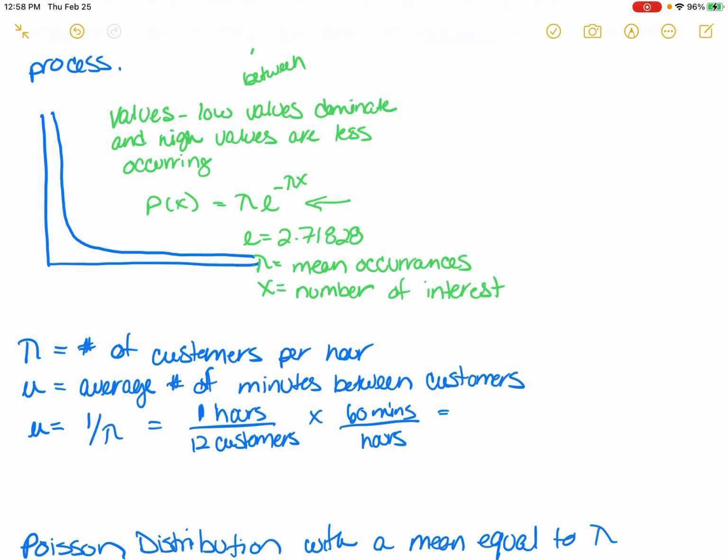And if we multiply that times 60 minutes per hour, right, then that is going to give us 5 customers per minute. I'm sorry, 5 minutes per customer.